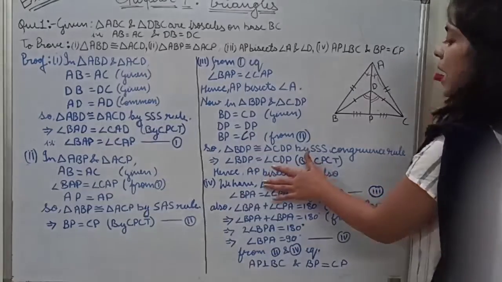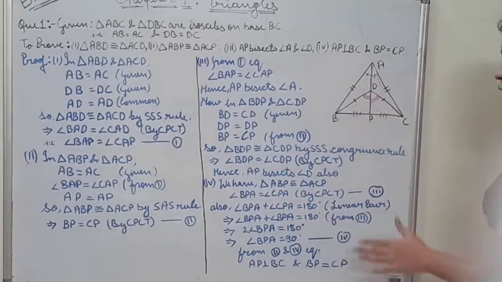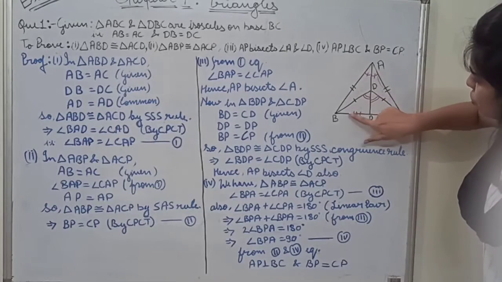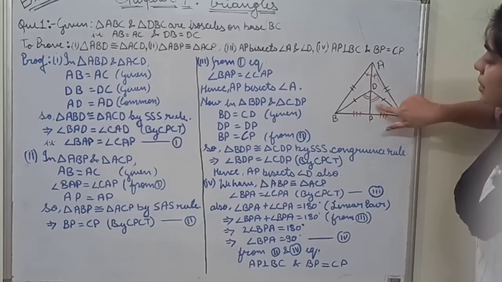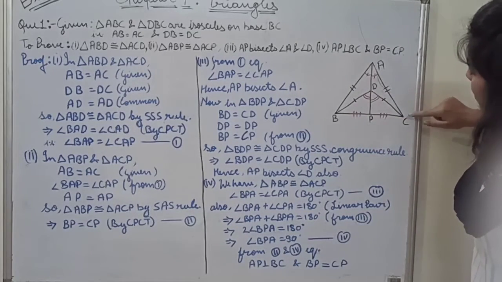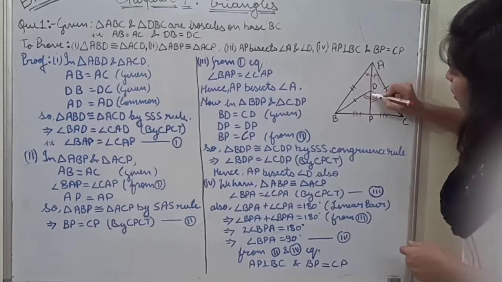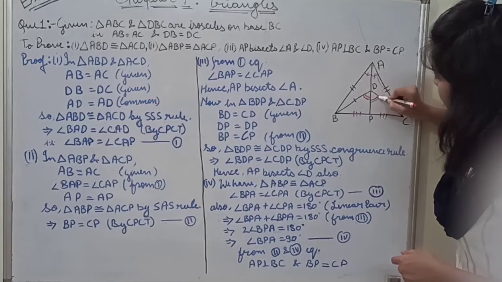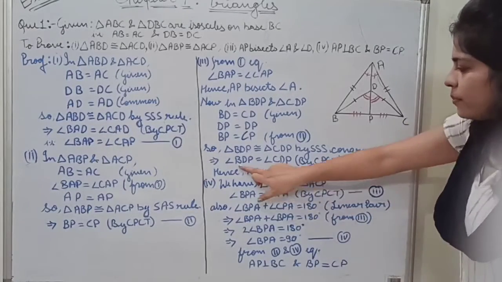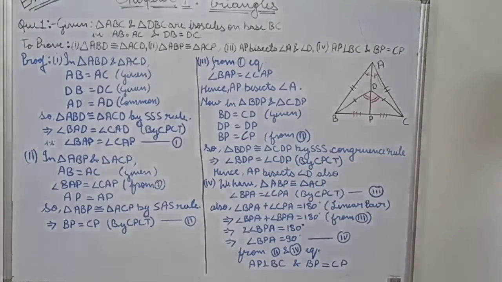They are congruent, hence their corresponding parts will also be equal. So corresponding parts of these two congruent triangles are angle BDP and angle CDP. This angle and this angle correspond to each other, so they will be equal. Angle BDP equals angle CDP by CPCT.